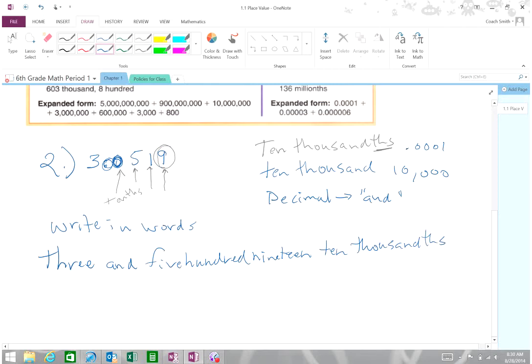And that's how you write it. That's the answer in word form for that number. We identify the place value at the end. The rest of it is just like a regular number, 519. Okay? So, that's word form for that number.